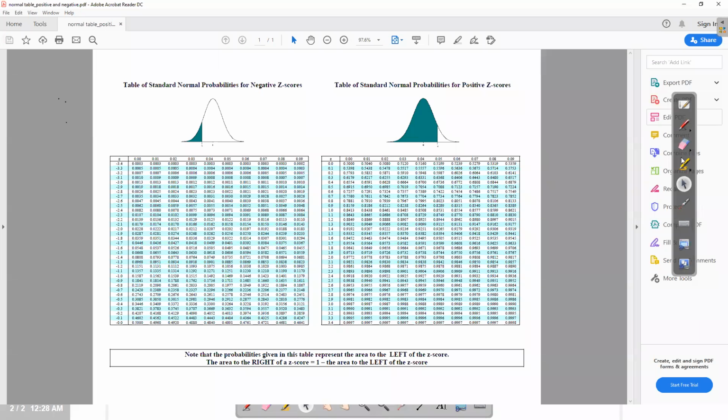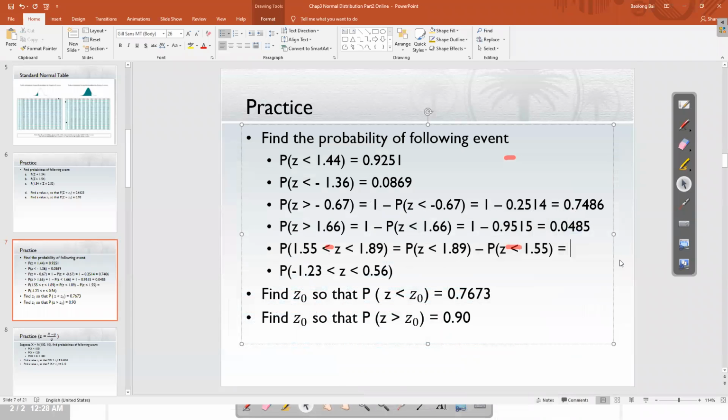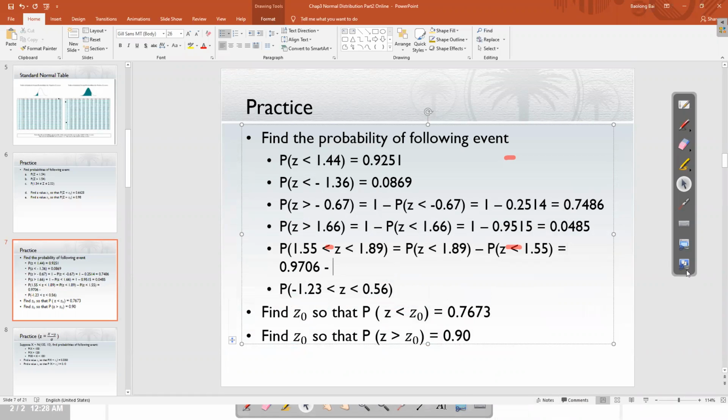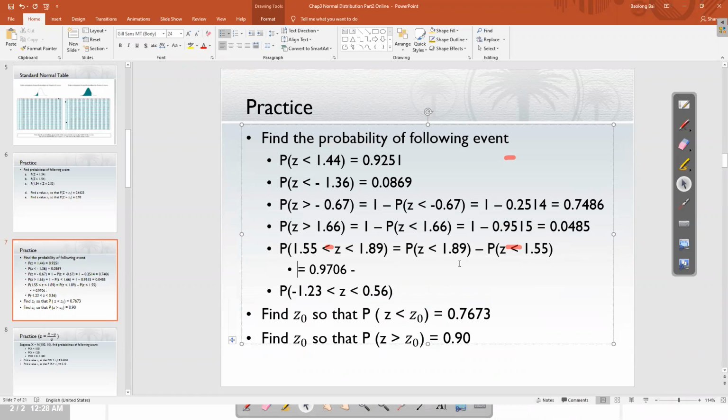So 1.89, you need to look for 1.89. So the corresponding probability is 0.9706. And then for 1.55, we need to look up also.